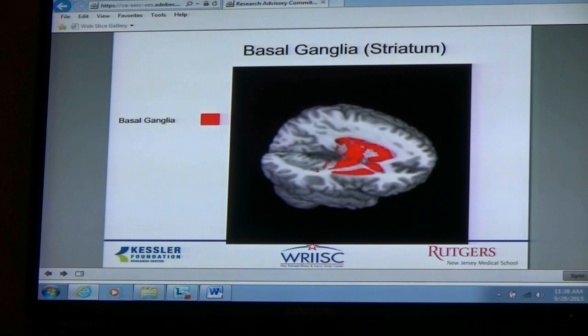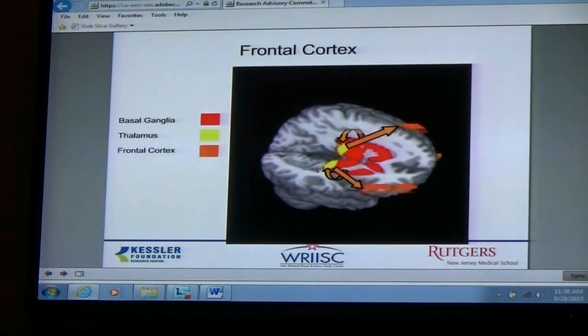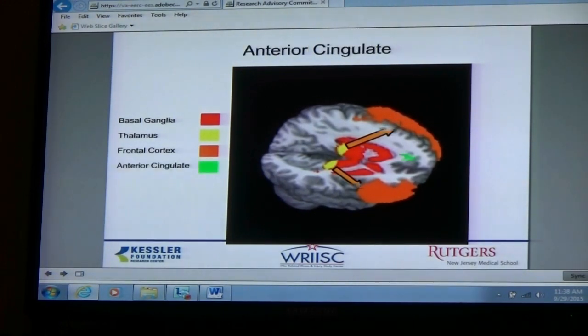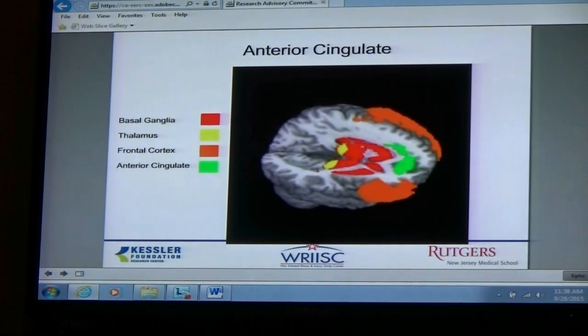The network is a little bit more discrete than what I'm showing here, but this gets you the idea. The thalamus is also important for fatigue. Frontal cortex, I painted all of frontal cortex, but certain areas are important: anterior cingulate and ventromedial prefrontal cortex. And that was their model. Turns out the parietal cortex is also important, but we'll come to that.